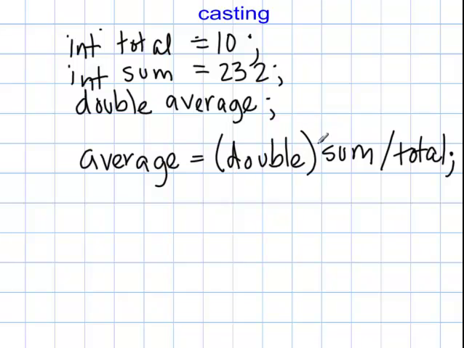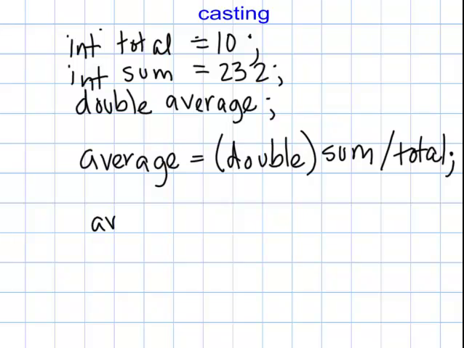So this is the syntax to do that. I am casting sum temporarily as a double. So on the left hand side, we have a double divided by an integer. If at least one is a double, then the operation performed is a double and results in a double answer, and it is assigned to average.